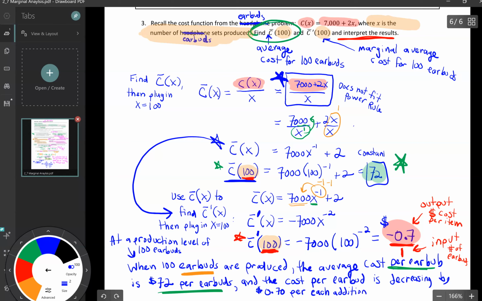It's over a 1, so that's assuming 1 earbud. So per each additional earbud, or per earbud, however you want to say it. There's lots of right ways to say it.